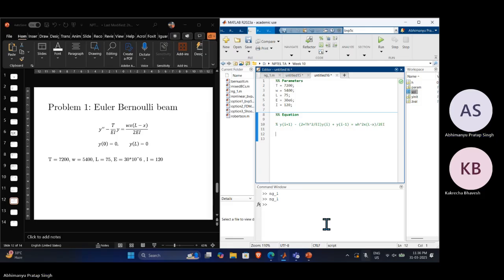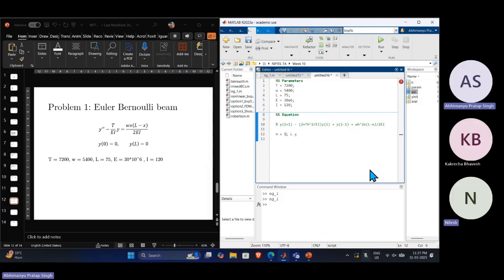Also, first we need to take divisions. So let us take 10 divisions, and L is given to us as 75, right? Let us take more than 75 divisions at least.